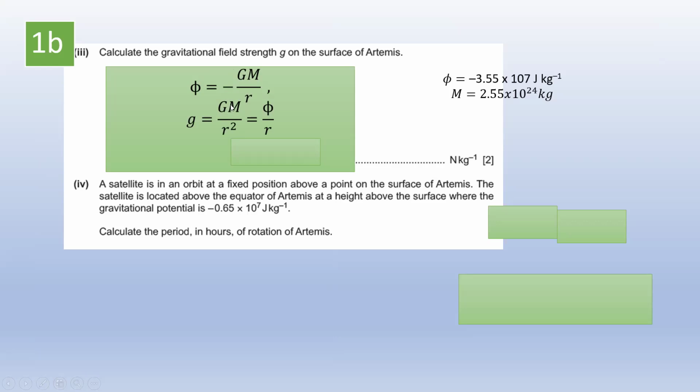But the fastest way would be to use this value of phi, and there's an R there. GM over R is 5 divided by R. Then put in your value of 10 to the power 7. Okay, this is your R, and then you get your answer.